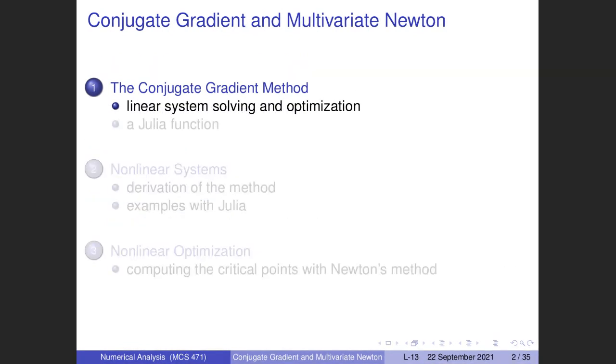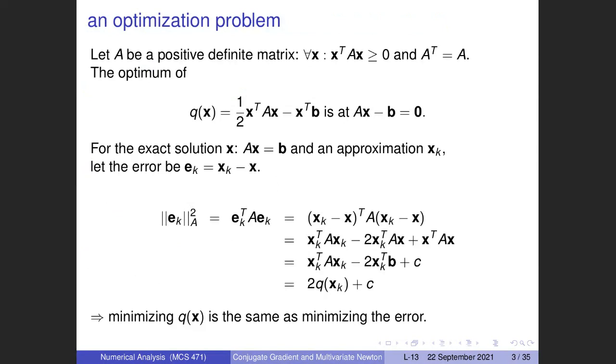So we will see how linear system solving connects with optimization. In the last lecture, we saw how a positive definite matrix, actually here it's still positive semi-definite if you allow equal signs, but in short, every matrix leads to a quadratic form if it is symmetric and positive definite.